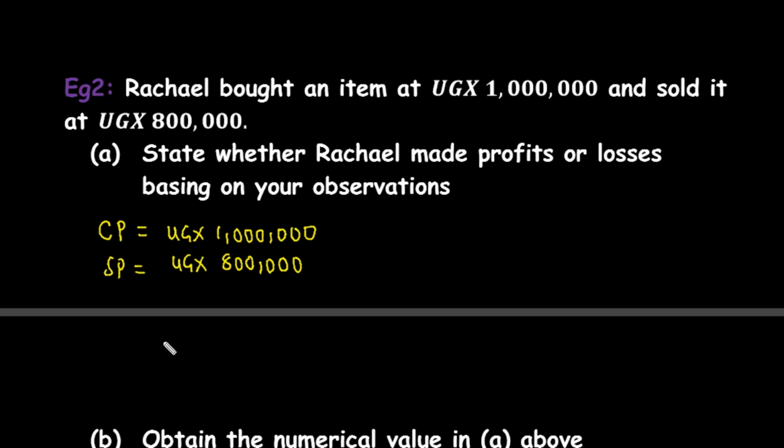Is cost price less than selling price? Someone is saying yes. Cost price is greater than selling price. Therefore, Rachel is making what we call a loss. Is that okay, students?